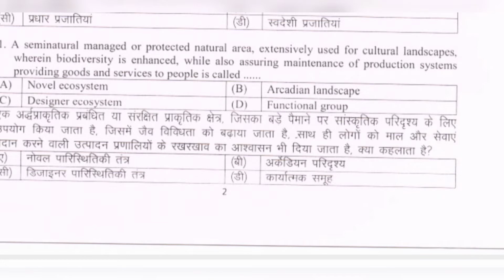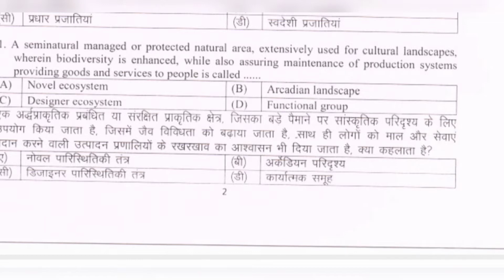A semi-natural, managed or protected natural area extensively used for the cultural landscapes wherein biodiversity is enhanced while also assuring maintenance of production systems providing goods and services to people is called.